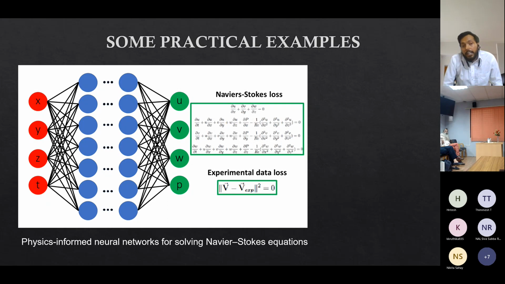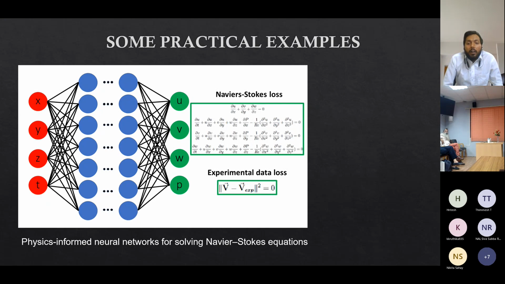We are giving x, y, z, and t as an input, and we are getting u, v, w, and p as an output. So this is the basic architecture of physics-informed neural network for solving the Navier-Stokes equation.